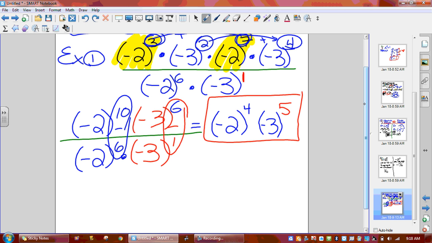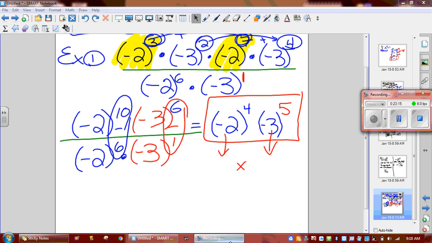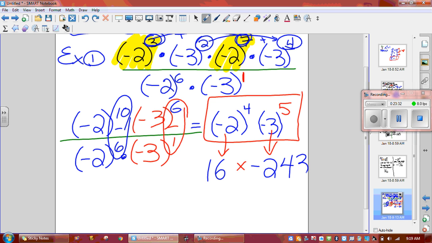If it wants you to evaluate, you would solve this, then multiply. So I'd like you to solve both and then multiply. We're going to evaluate for you. Negative 2 exponent 4, how big do we get? 16. And negative 3 exponent 5 is how big? Negative 243. Now we've got to multiply 16 by negative 243.